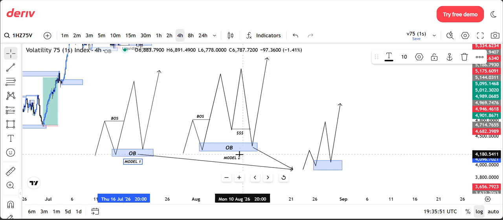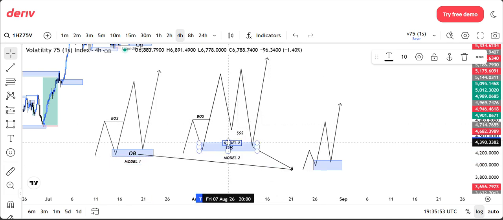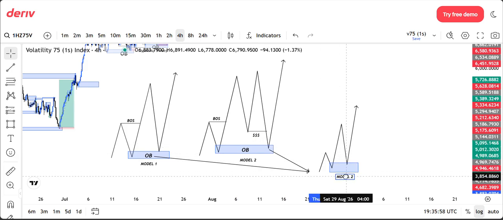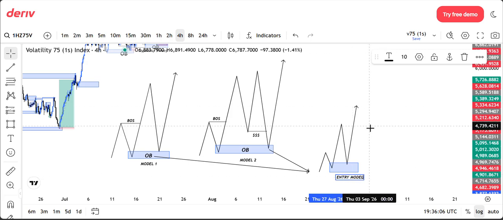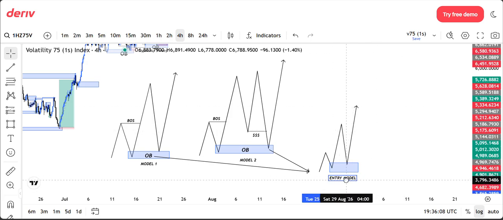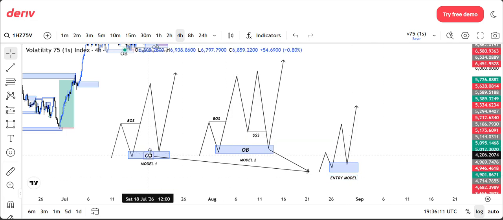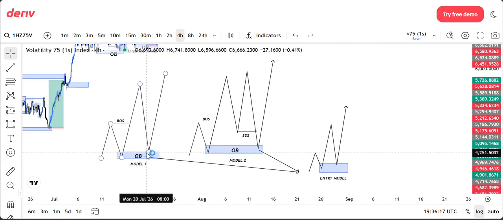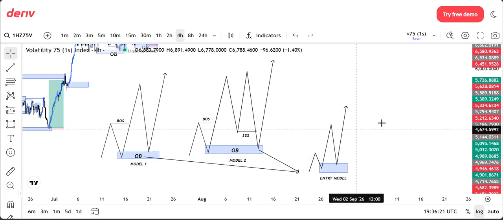Okay, model 1, model 2, and then we have our entry. So we'll have our entry model. So this is for our setup 1, our setup 2, model 1, model 2, and then this is our entry model. So now when price gets into this zone, we want to wait for price to get into this zone, and we'll look for this model to buy.